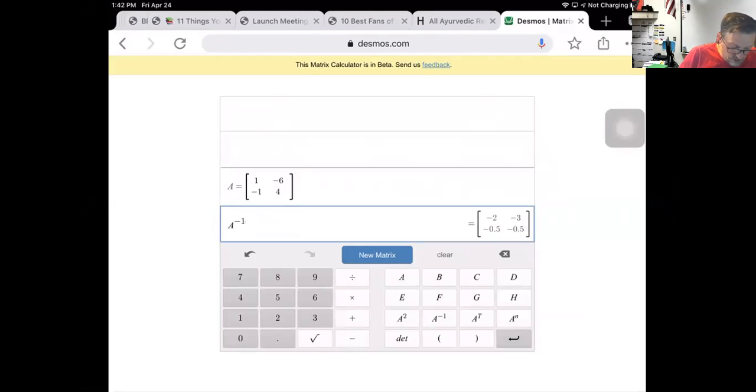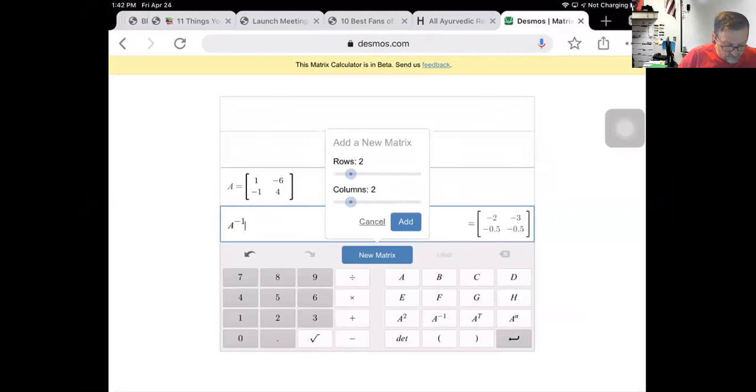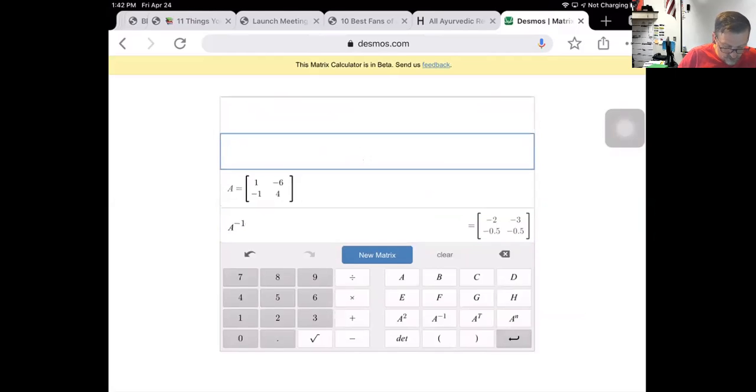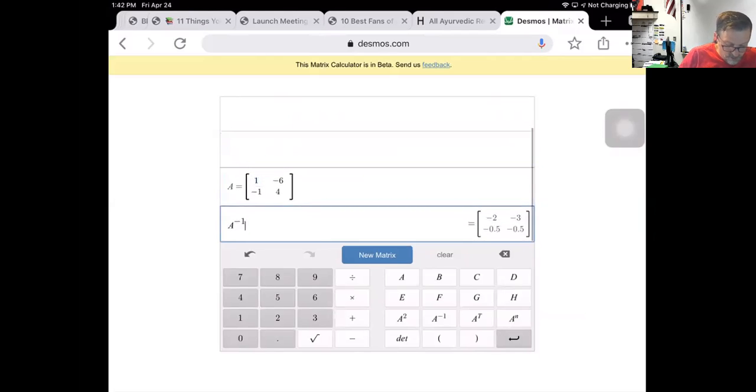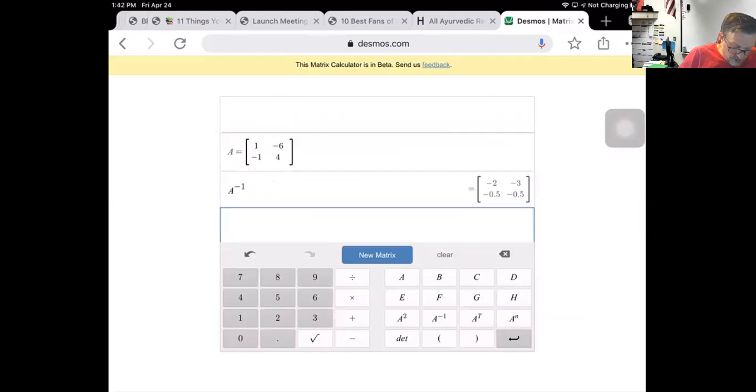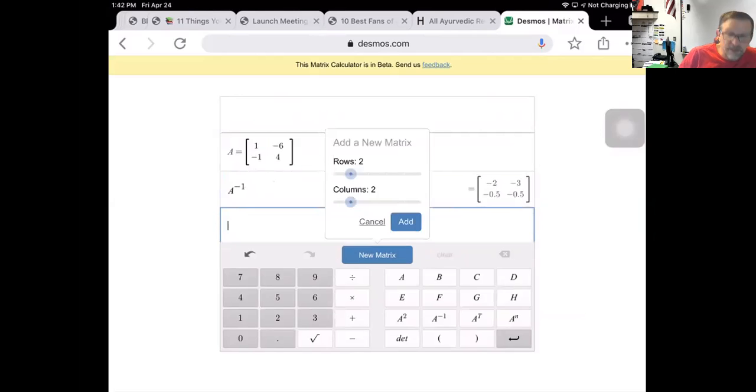So I'm going to make a new matrix. Let's get on the new row first. There we go. So new matrix, and this time it's a 2 by 1, 2 rows, 1 column.